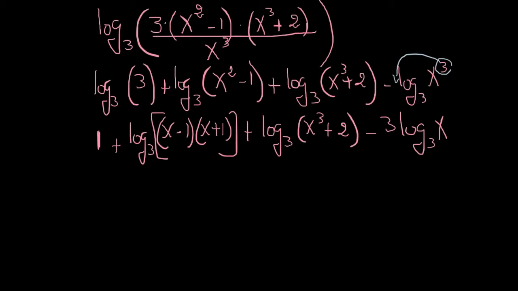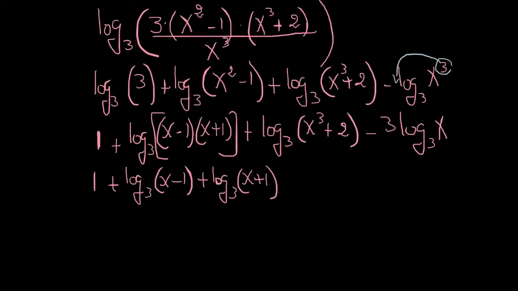Again, I need to simplify further. 1 is 1 plus, again, I have a product there, so that will turn out to be the addition of the two terms. So log base 3 of x minus 1 plus log base 3 of x plus 1. I said earlier that there's not much to do for this one, so it will be log base 3 of x cubed plus 2.